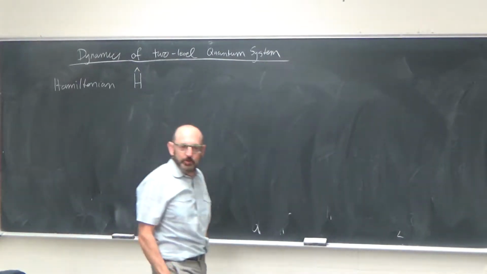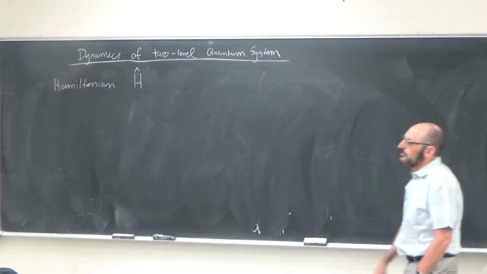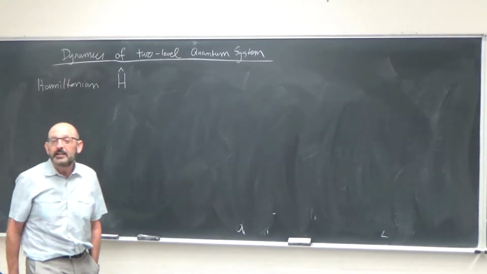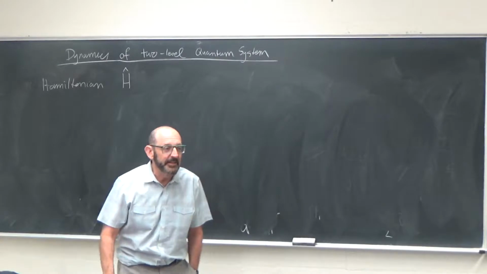Now, we're talking about a two-level quantum system, and as we know, any operator on a two-level quantum system can always be decomposed as some amount of the identity, and some amount of sigma x, some amount of sigma y, and some amount of sigma z.